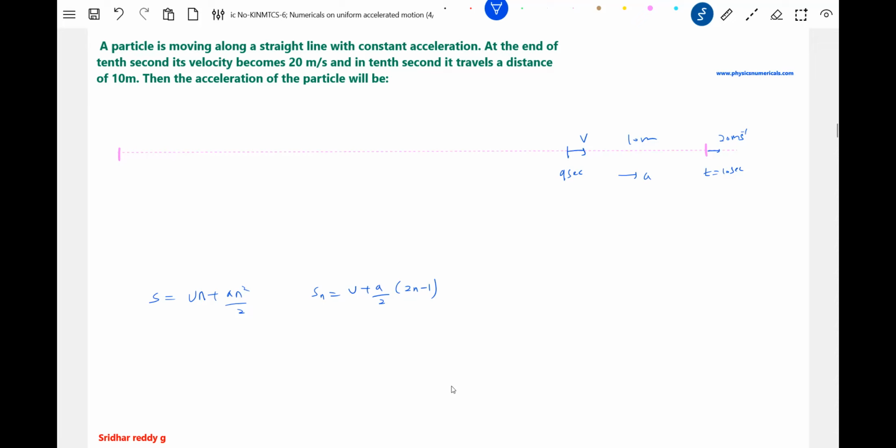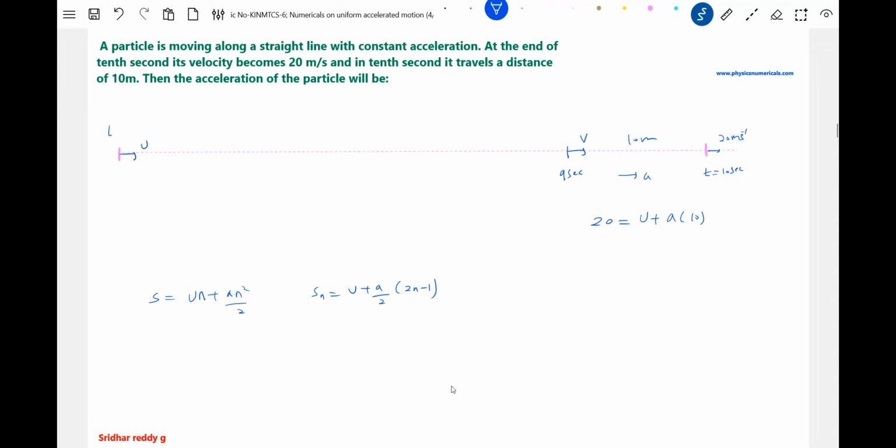I think in yesterday's class we had a discussion about this particular formula. And for V, looking at this data, 20 meters per second should be equal to U plus A into 10. The initial velocity is U, we don't know.